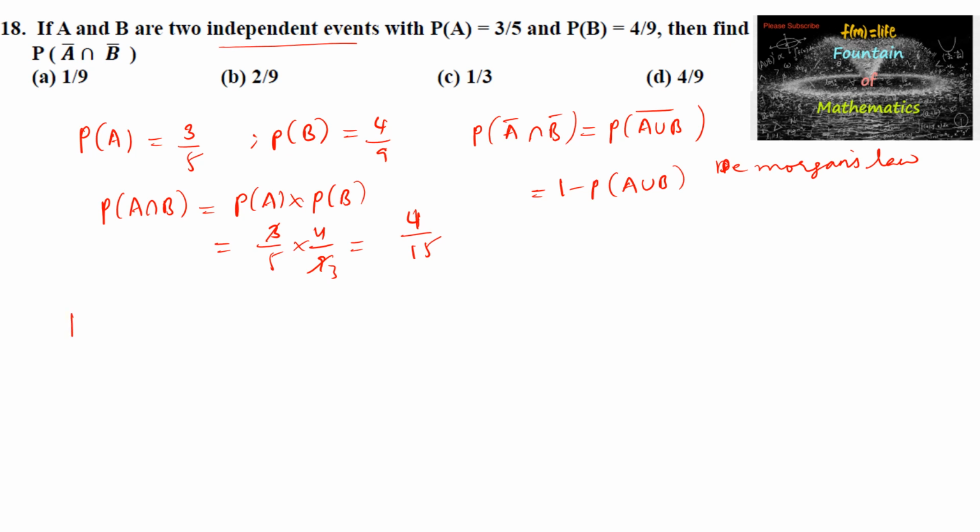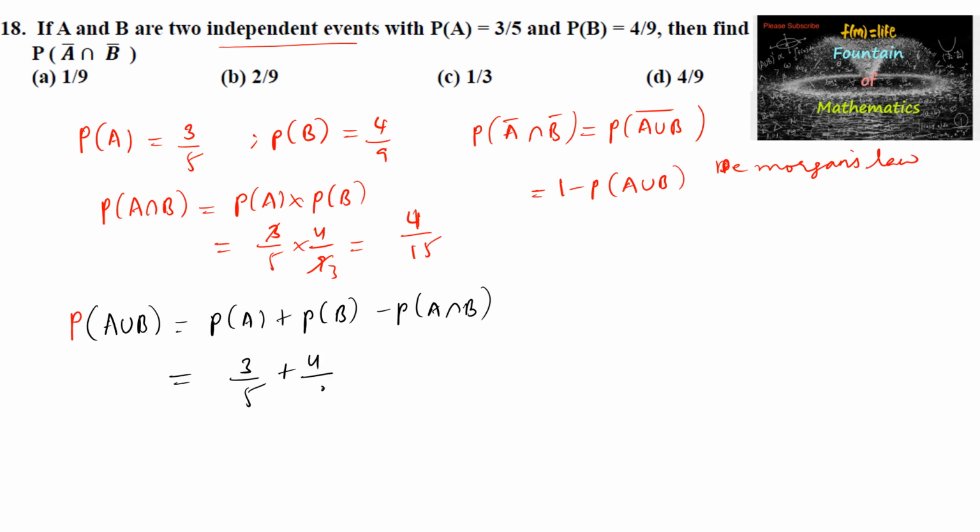Now P of A union B is equal to P of A plus P of B minus P of A intersection B, which is equal to 3 upon 5 plus 4 upon 9 minus 4 upon 15. So 9 threes are 27 plus 20 upon 45, minus 4 threes are 12 upon 45.